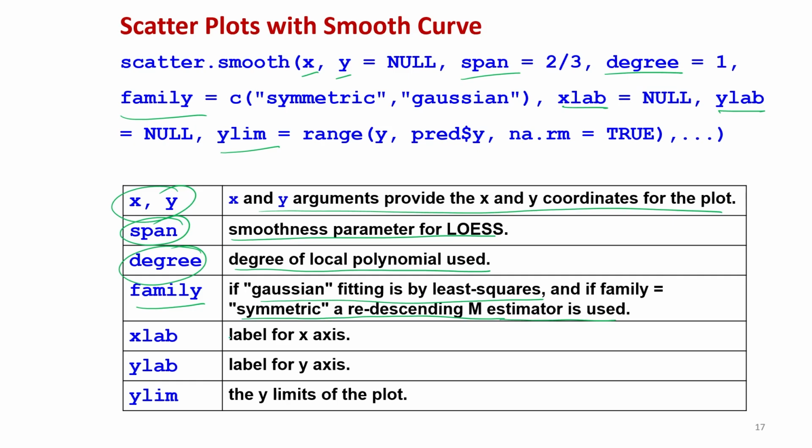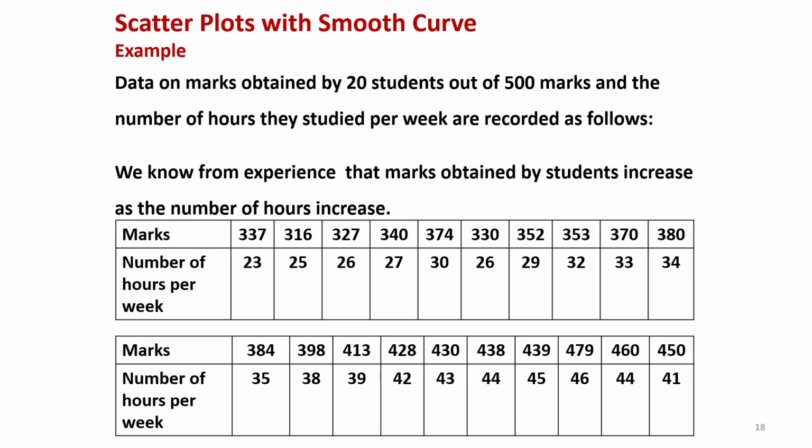And similarly, if you want to give the label on the x-axis, this can be done by x-lab. If you want to give the label on the y-axis, this can be done by y-lab. If you want to define the limits of the plot on the y-axis, then it can be done by y-lim, and so on, right?